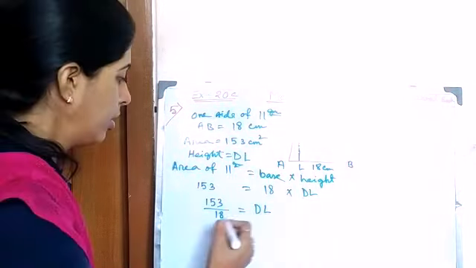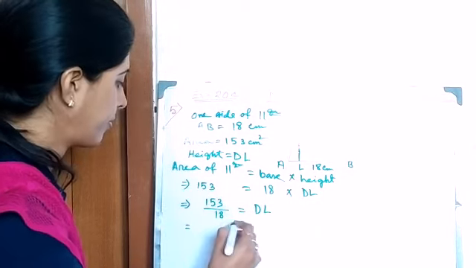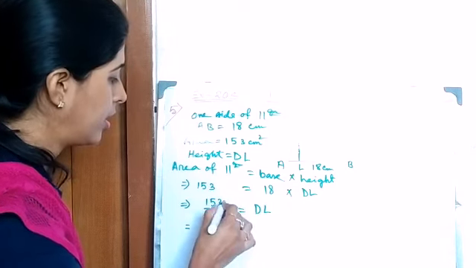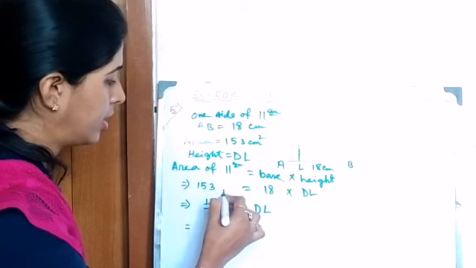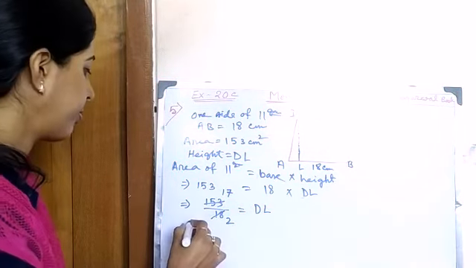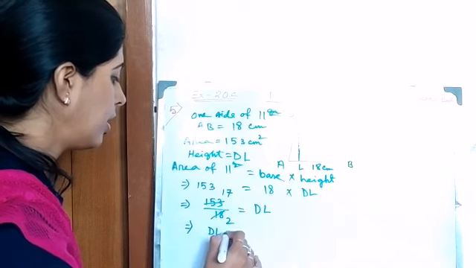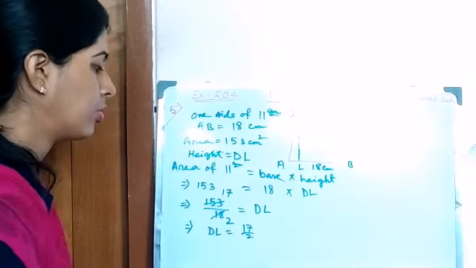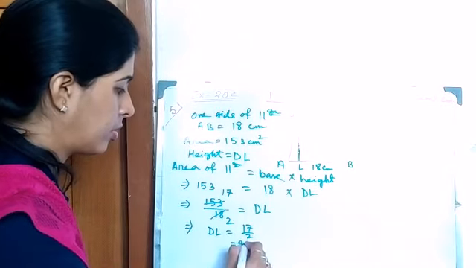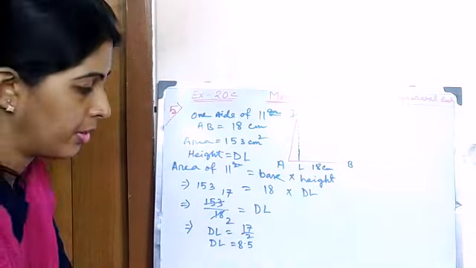So what will be the value of DL? By 9 we can cut. 9 2s are 18, 9 1s are 9, 9 7s are 63. Then DL equal to 17 by 2. That means DL equal to 8.5.